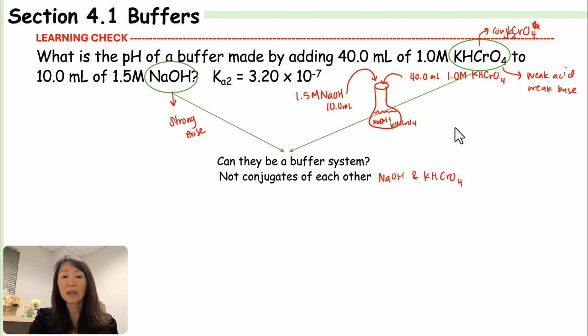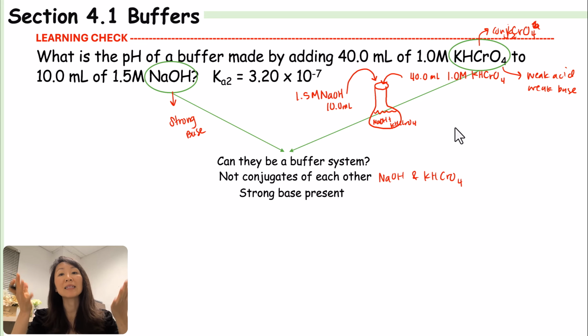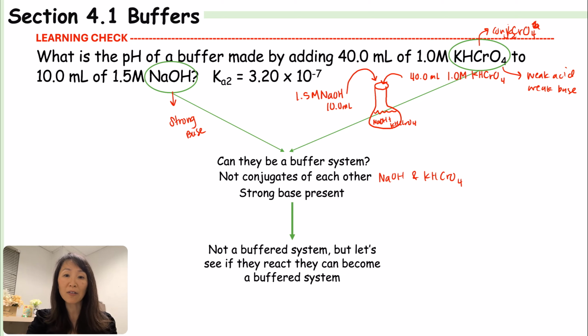Also notice that this strong base is present. We have talked about how buffers must have a weak acid and a weak base counterpart existing together in a solution. But here you'll see that there's a strong base present. So you might question this particular learning check, the question in itself.